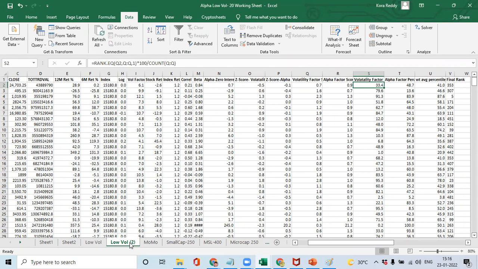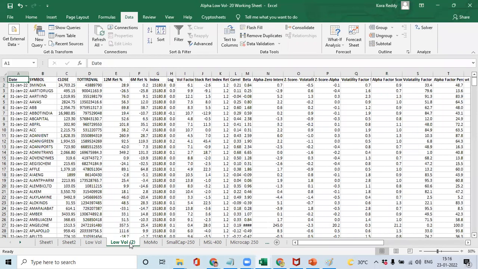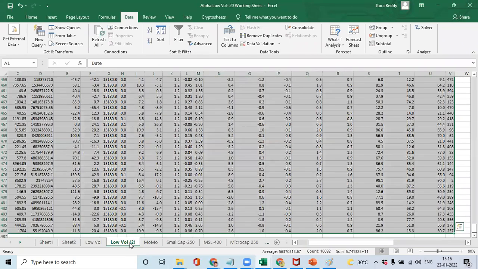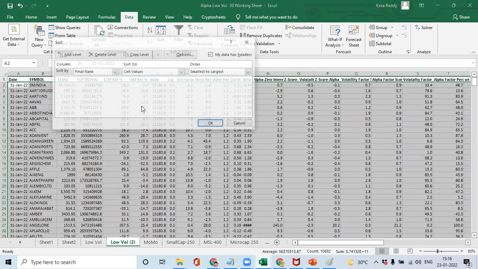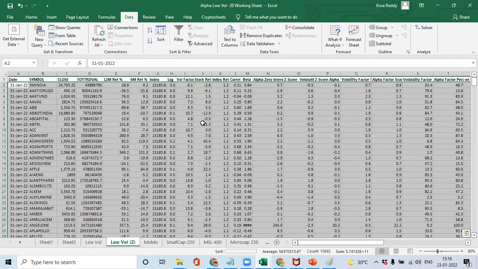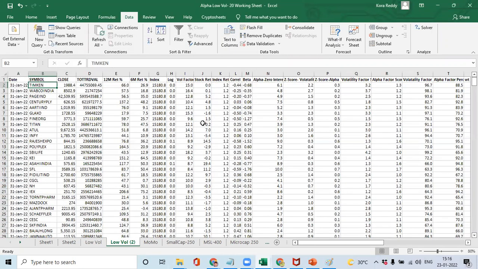Basically, percentile is from 0 to 100, 100 being the topmost, 0 being the bottommost. Same with alpha factor. Now, a weighted average 50-50 to each. And then you sort them by rank. So sort. This is your alpha low volatility stock list from the Nifty 500 basket.